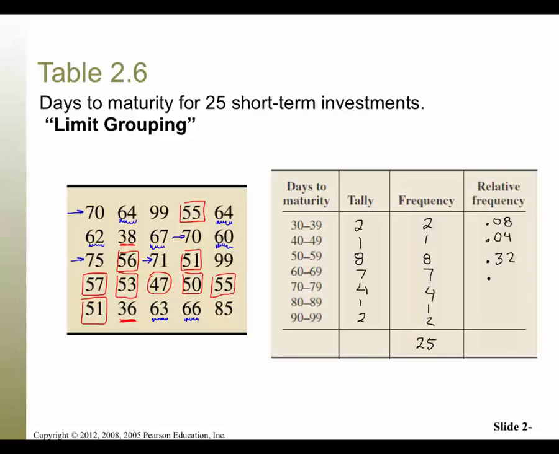And then what's this? 0.28. Okay, and the relative frequency should add up to 1. So this is kind of like what fraction of the data is that particular limit grouping. So if you add up all the different groups, you ought to get 1.